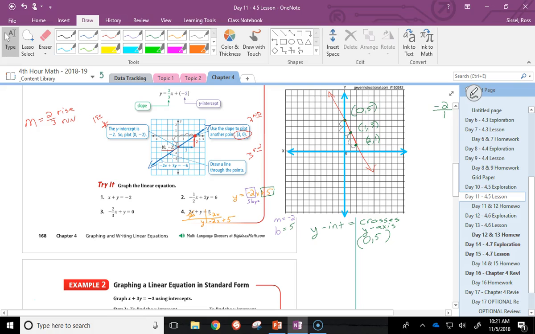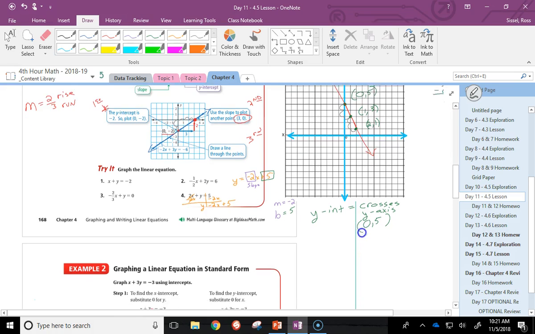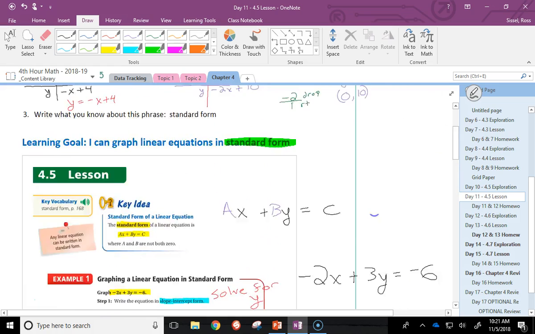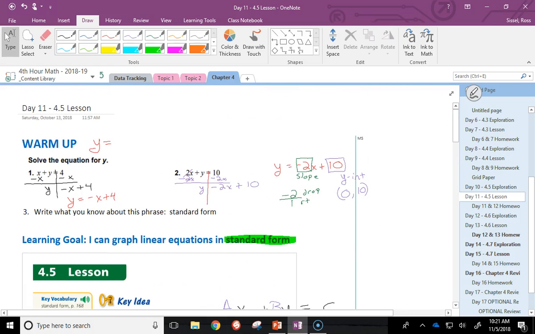I'm going to cover the second method because you're going to be able to use either method today. And actually, on one of them, they're going to tell you. So, method 1, we're going to write way up here at the top. Method 1, slope intercept form.